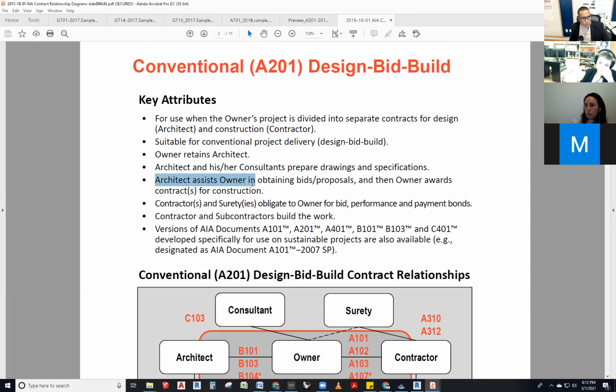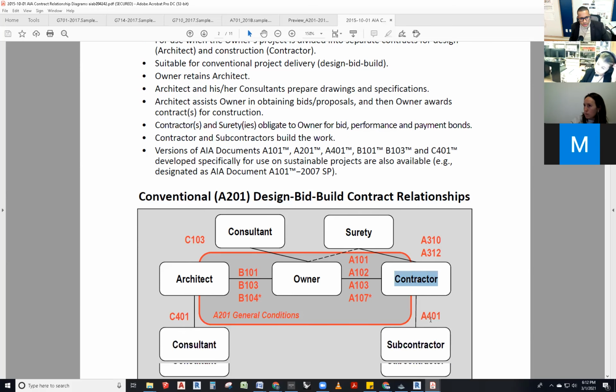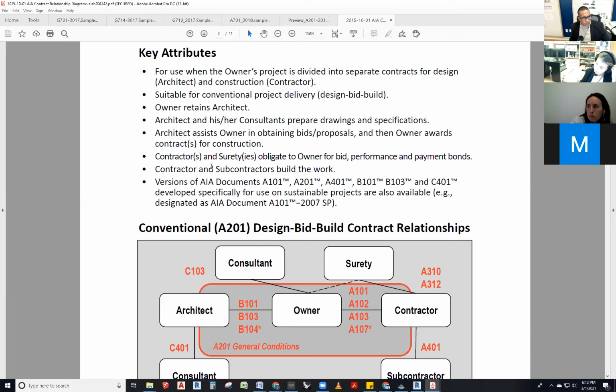The architect assists the owner in obtaining bids and proposals, and then the owner awards the contract for construction. The contractor and sureties obligate to the owner for bid, performance, and payment bonds. The contractor and subcontractors build the work.